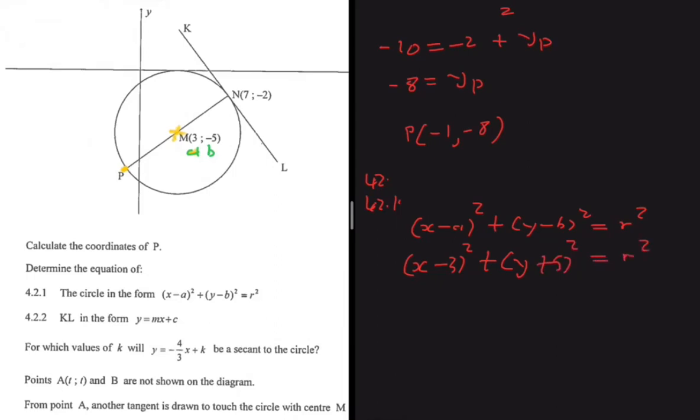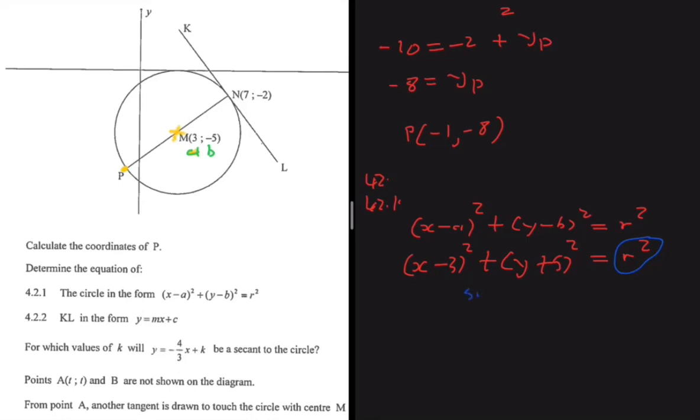Now we have to find r squared. So to find r squared, we're just going to take a point on the circumference of the circle and substitute into this equation, right? Or we can just determine the length of MN using the distance formula, but let's just substitute it into the equation.